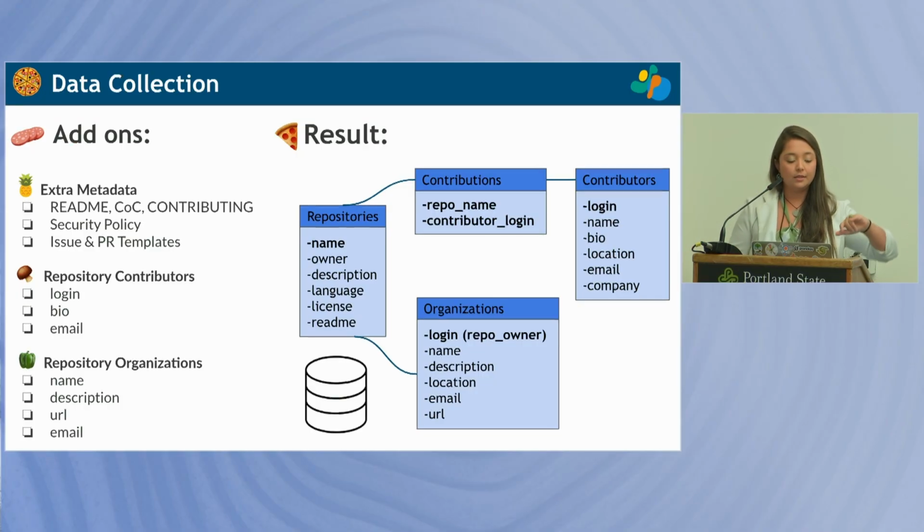And these other two things are information from the contributors and the organizations of the projects, because this is how I eventually identify the affiliation. So, for example, the clearest indicator of a project being affiliated with a university is when the owner is actually an organization in GitHub that has either the URL or the email that includes the domain of the university.